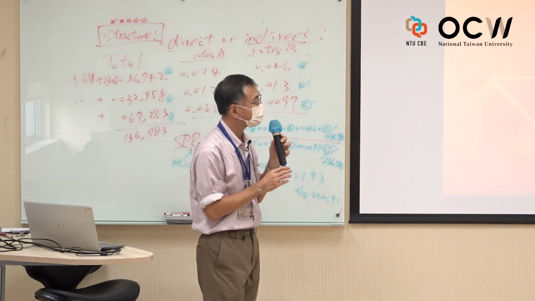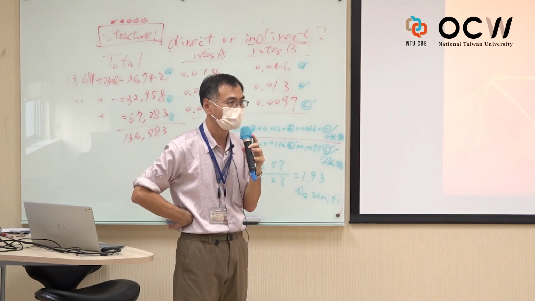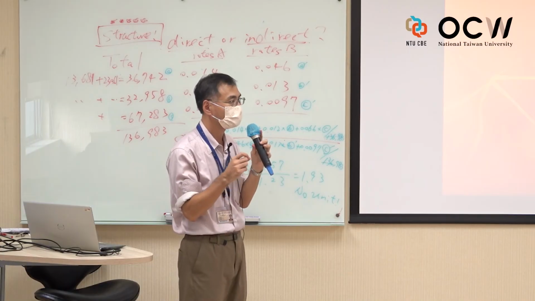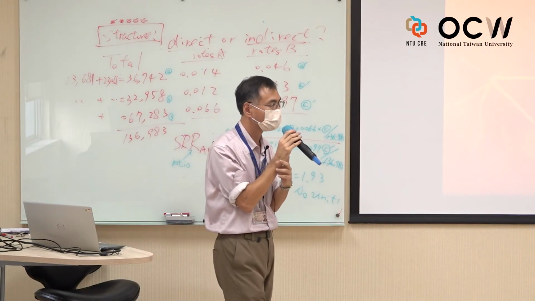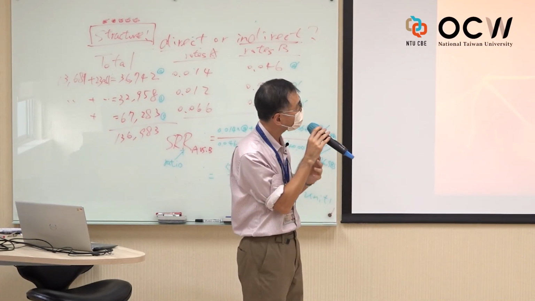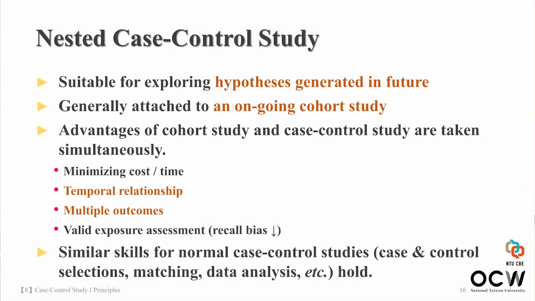Even if there's a hypothesis which is brand new, which has never been tested before, potentially we could get that information from the samples, in the urine or in the serum or the DNA. Then we could do the study. And generally it's attached to an ongoing cohort. So that's why it's actually prospective.